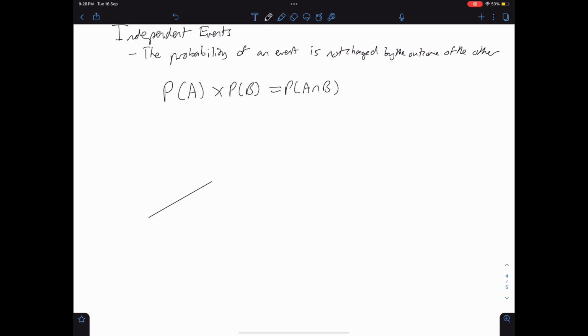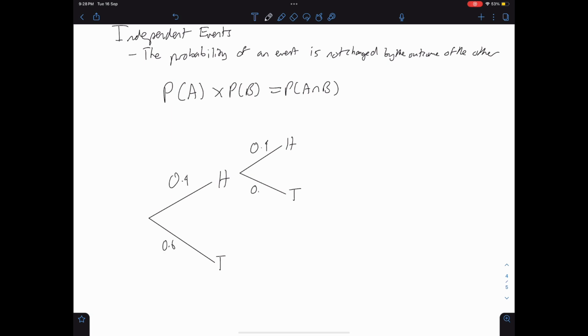Like, if we could say heads and tails, and maybe the probabilities for heads and tails are not equal, but they didn't change no matter whether a head or tail was flipped first. That's the important part. We multiply the probabilities along, so that should make sense.